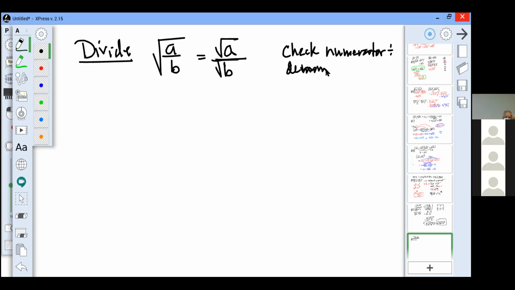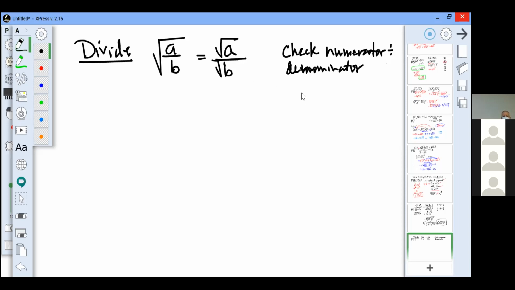Anytime the numerator is a larger number than the denominator, regardless of which form it's in, under a radical as a fraction or two separate radicals as a fraction, I always check: if I divided the numerator by the denominator, would it turn into a whole number? If it does, you should do that. If it doesn't, then don't. Then you've got to simplify something else.